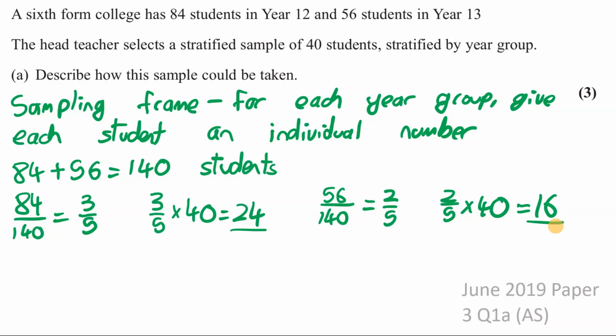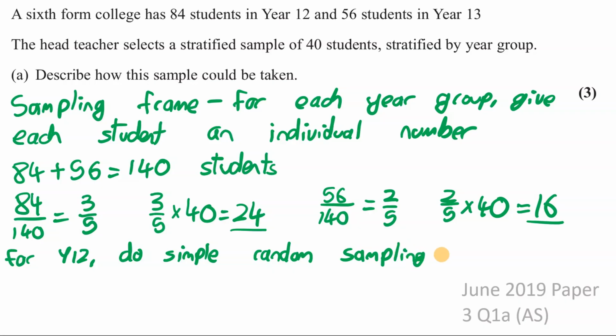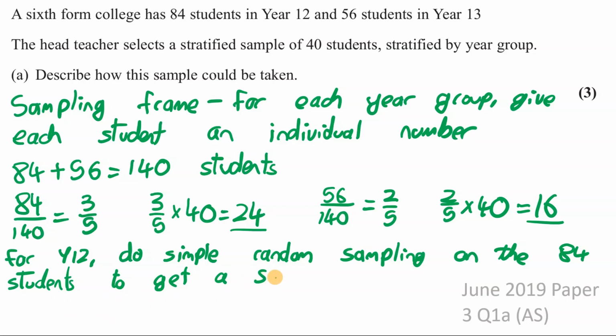Okay, so what we're going to say is for year 12, do simple random sampling on the 84 students to get a sample of 24, and this will be the stratified sample here.